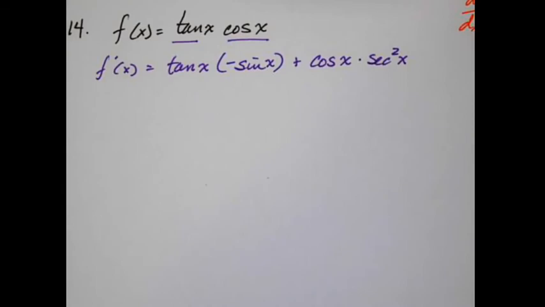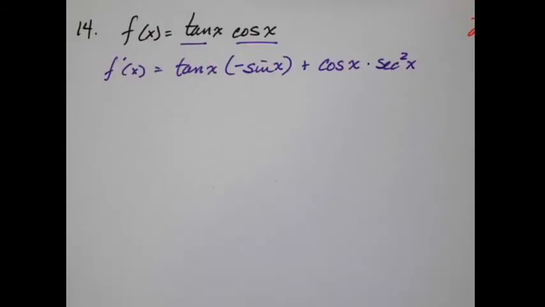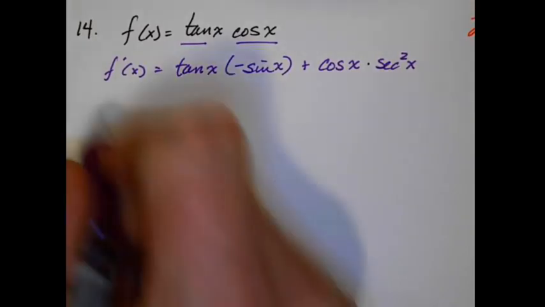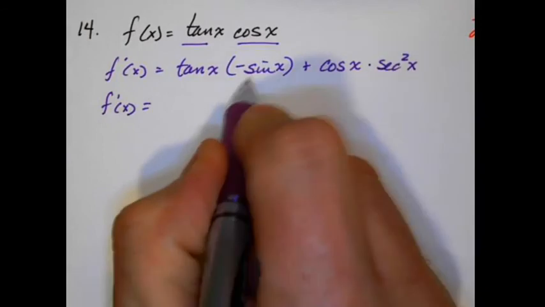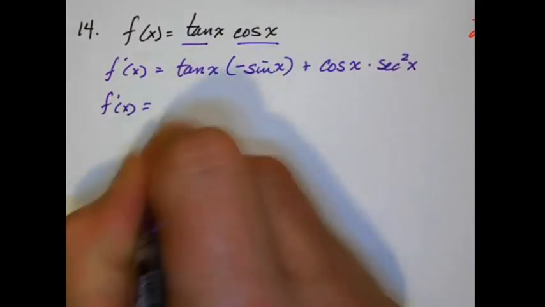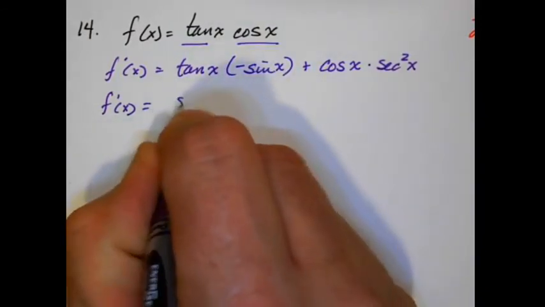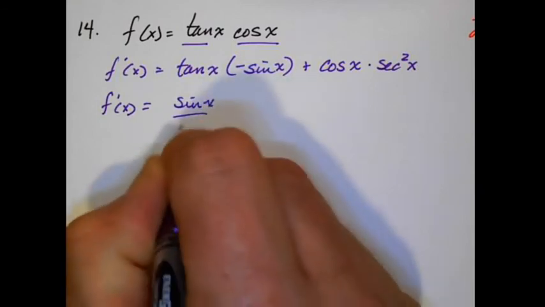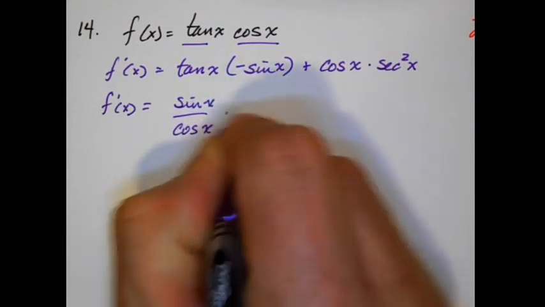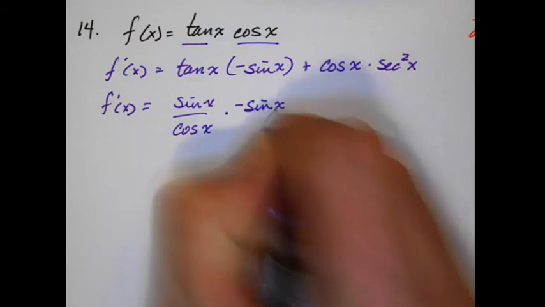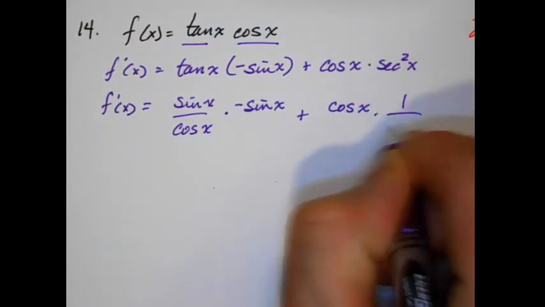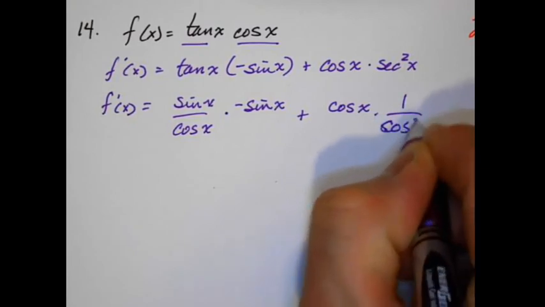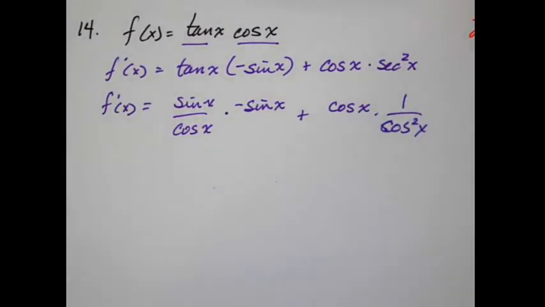Now, with this, we have to do a little bit of Pythagorean identities, trig identities, whatever we need to simplify this. So what I'm going to do is change everything into sines and cosines. So this is sine x over cosine of x times negative sine of x plus cosine of x times 1 over cosine squared of x, because secant is 1 over cosine.